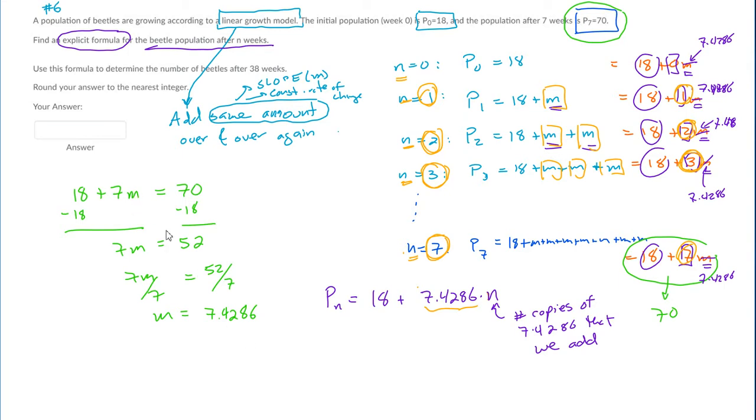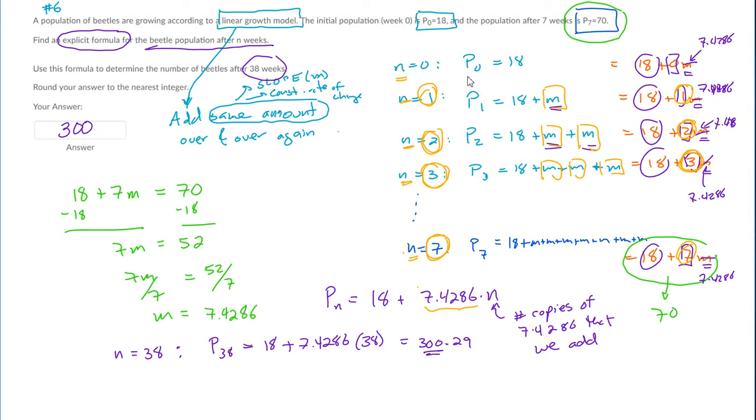So at n equals 38, because they want 38 weeks here, P38 would be 18 plus 7.4286 times 38 copies, and that works out to 300.29. But they want me to round to the nearest whole number, so it'd be 300. Once you get to 300.50 and higher, it would go up to 301, etc. So that would round to 300 in my case. All right, and that's it.